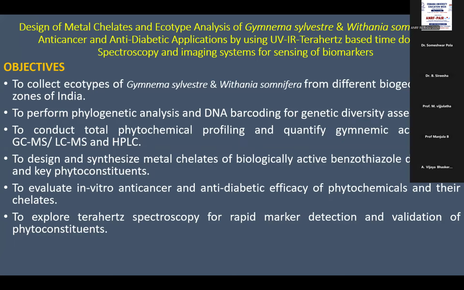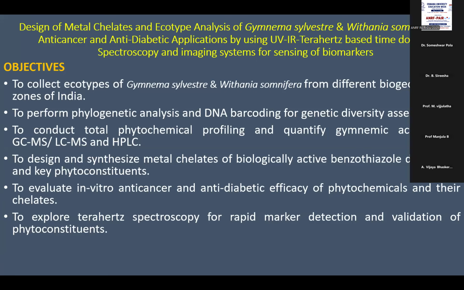These are our objectives: to collect ecotypes of Gymnema sylvestre and Withania somnifera from different biogeographical zones of India. Gymnema sylvestre will be collected from southern states, and Withania somnifera will be collected from northern states of India.